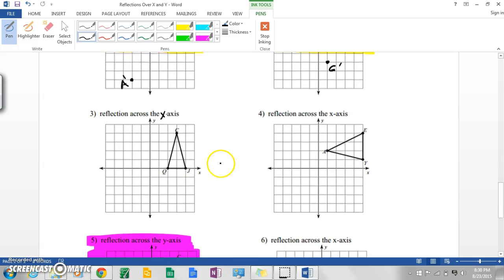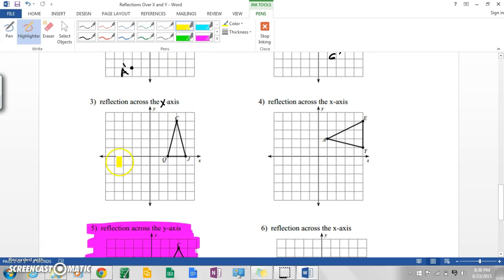Number 3, once again, reflection across the x-axis. I'm going to go ahead and highlight this x-axis. However, this time you'll notice something a little bit unique. You see 2 of our points are on this line of reflection.